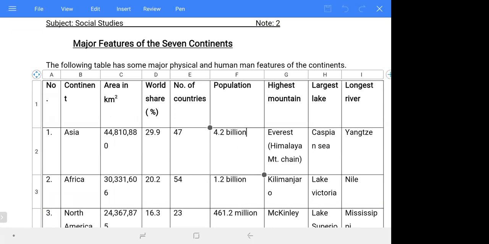Asia too. When you see the largest lake in Asia, that is the Caspian Sea. While I'm saying Caspian Sea, I say here it's the greatest lake. It's not part of the sea because the southern mountain is high and the size of this Caspian Sea is smaller than the rest of the seas we know.